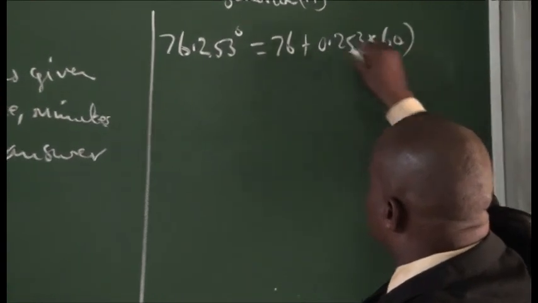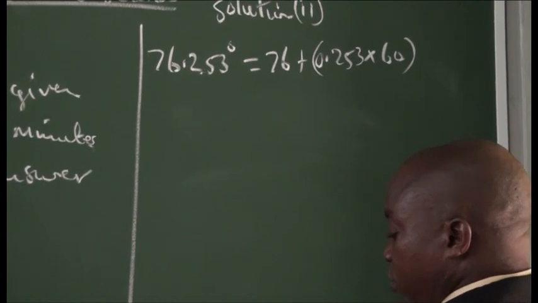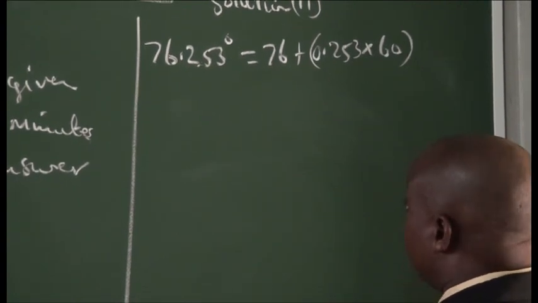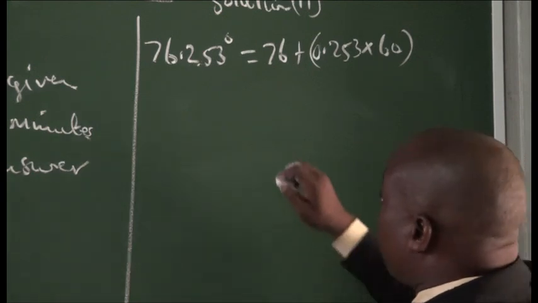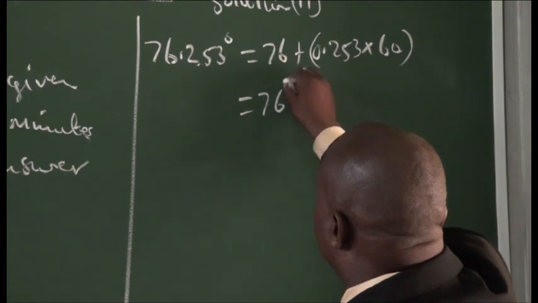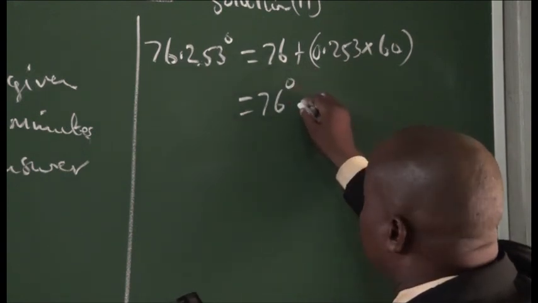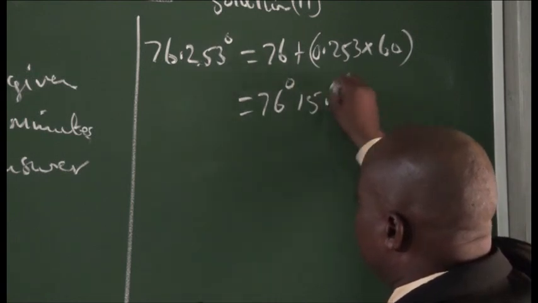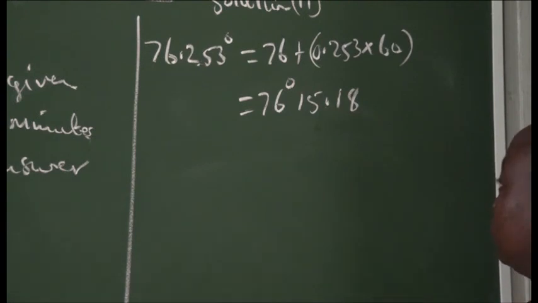If we do that, 0.253 times 60 gives us 15.18, so we have 76 degrees and 15 minutes.